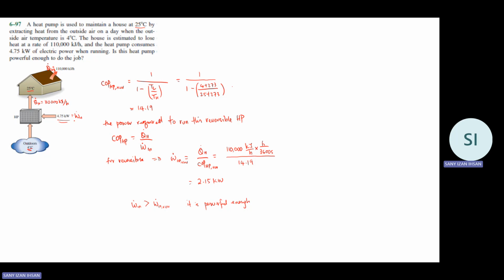And of course, whether it is really sufficient depends on the efficiency of your heat pump, or the COP of your heat pump. But generally, since it is higher than the power required for reversible, it should be powerful enough. It has potential to be used for your system to cater for this amount of load.